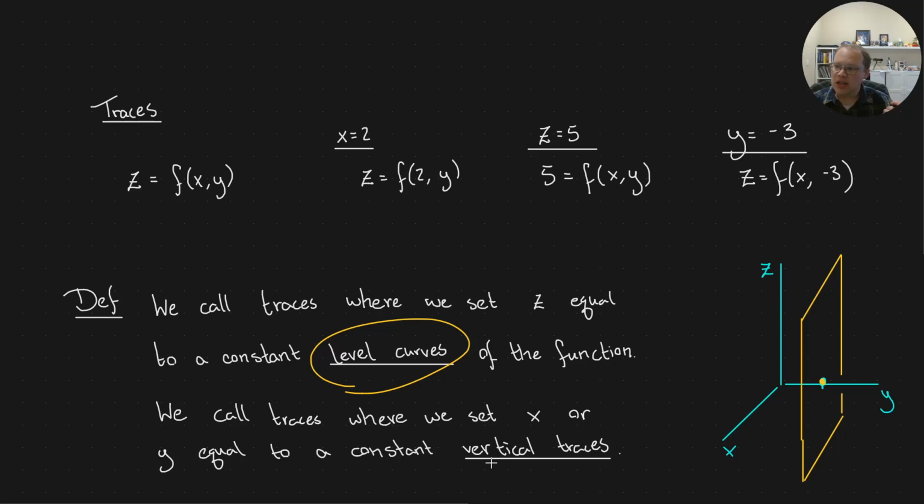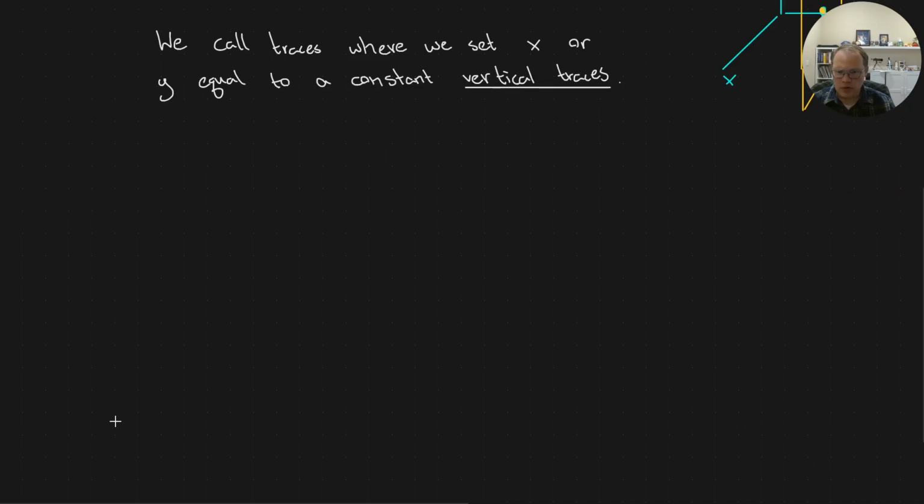Now, these level curves in particular end up being pretty useful. If we put lots of these level curves together, we get a height map or a contour plot of the surface. You probably have intuition with these height maps or contour plots.